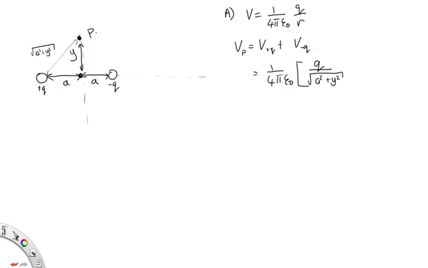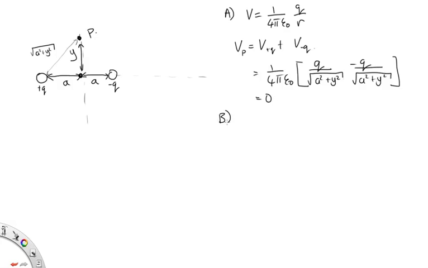And then we need to add in this voltage. This has charge minus q and the distance is the same. It's square root of a squared plus y squared. And this is equal to 0 because these two cancel each other out. So our potential at P is 0.